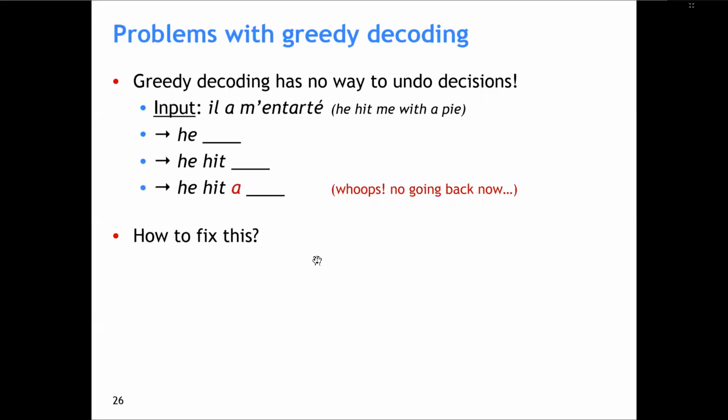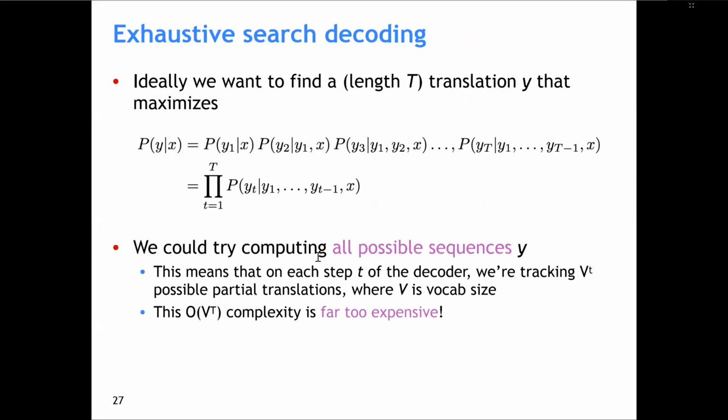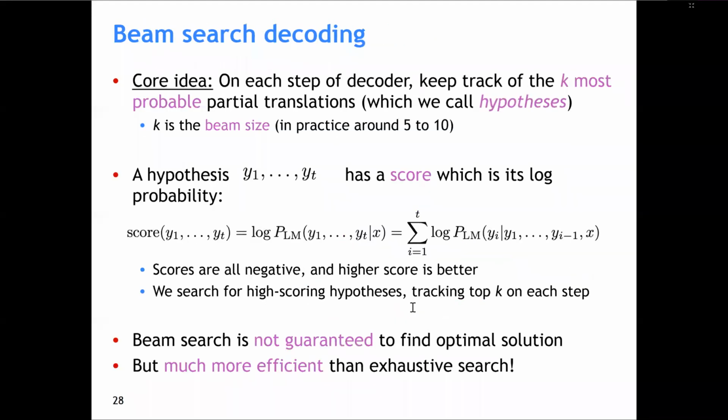So how can we fix this? Of course, we want to keep track of the top words at every step. There's exhaustive search, but I don't think it's possible to do. We don't want to compute all the possible sequences Y and just choose the best Y from this probability; it's too expensive. So instead we choose beam search.